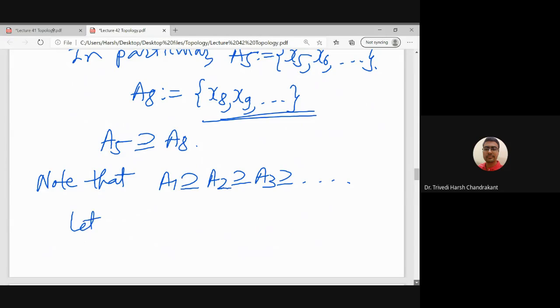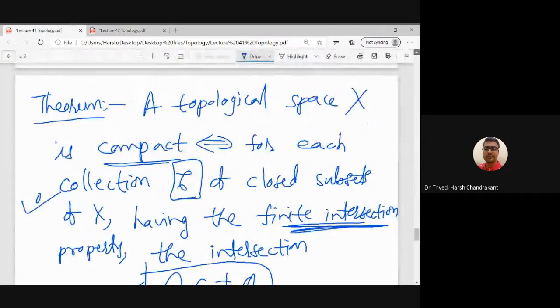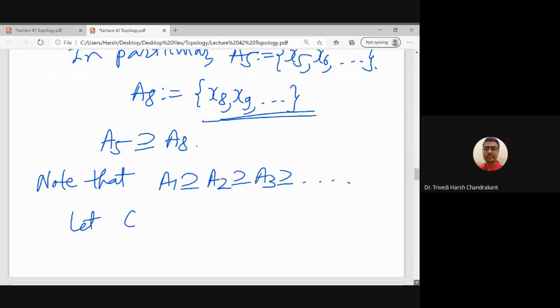Now I need a collection of closed subsets of X, because here we consider the collection of closed subsets of X. So what I will do is take the closure of each An. The closure of An is the closure of the set An in X, where X is the metric space.